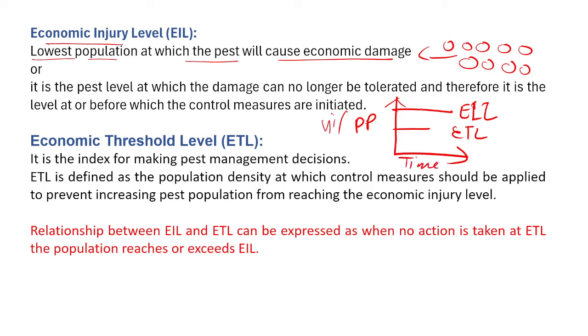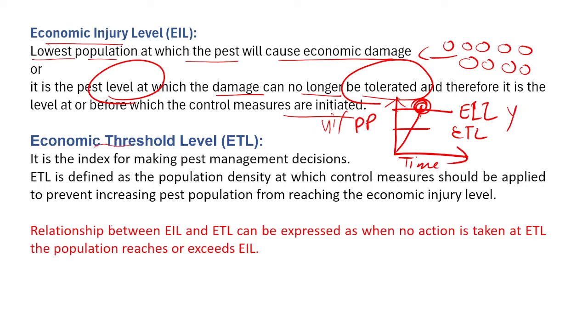When the pest population density reaches this point, economic damage occurs and yield loss happens. It is also called the pest level whose damage cannot be tolerated by the plant. Therefore, it is the level before which the control measure must be initiated. If we do not initiate the control measure, then our total yield is lost.